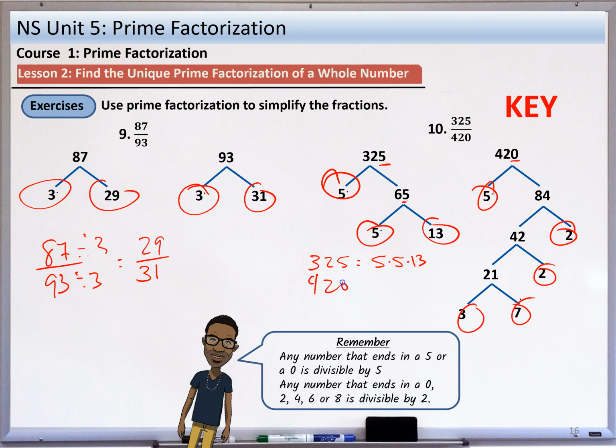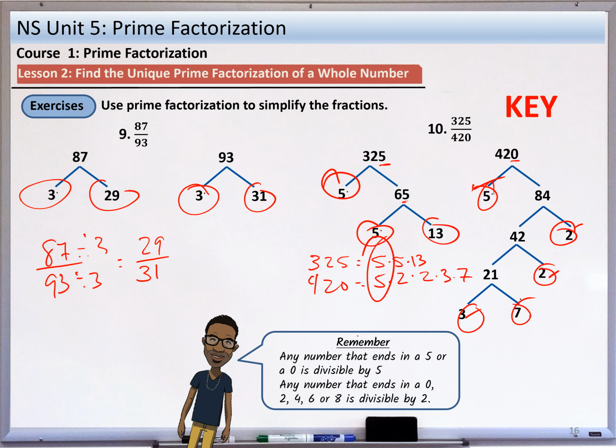What do I have in common? I'll write this backwards just so you can see it. So I have a 5, 2, 2, 3, 7, I believe that's it. Compare with 5, 5, 13.